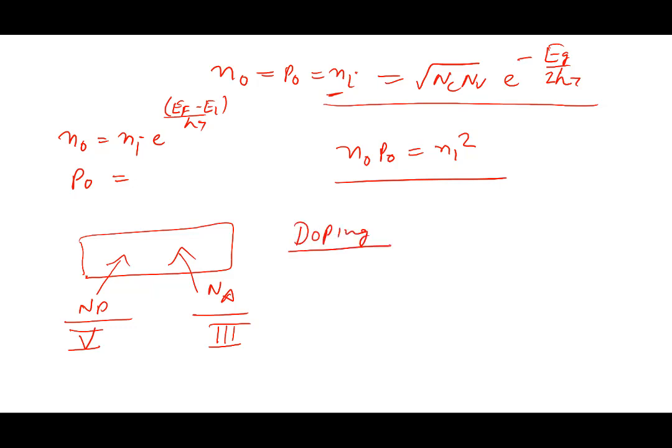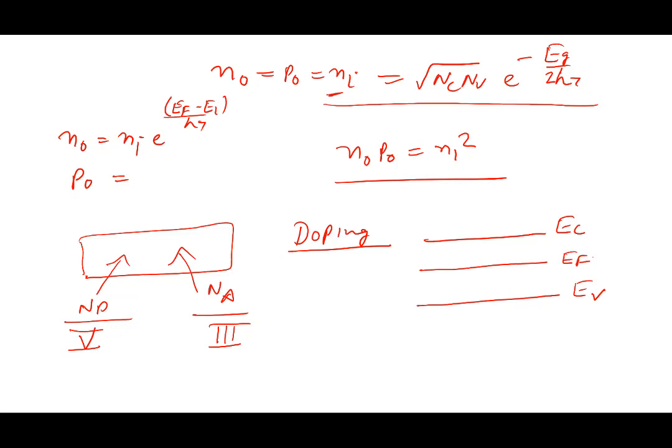Okay, doping. What other things from doping do you get? How do you understand doping? When you need to understand doping, it's not just a group 5 and a group 3 element. There's something more. If you want to understand doping in more detail, remember we had EC, EV, and let's say EF.